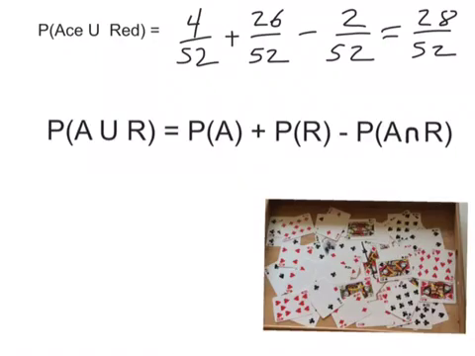So here it is more formally: the probability of an ace or a red card is the probability of an ace, plus the probability of a red card, minus the probability of an ace and a red card. So there you go. And that is called the general addition rule for probability.